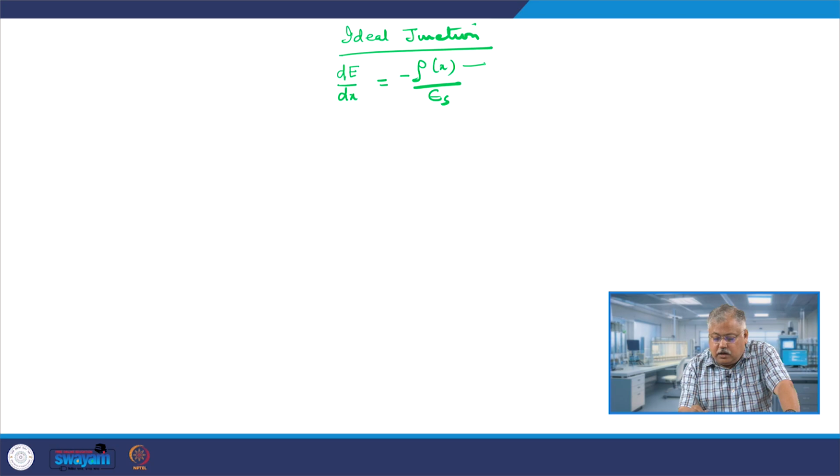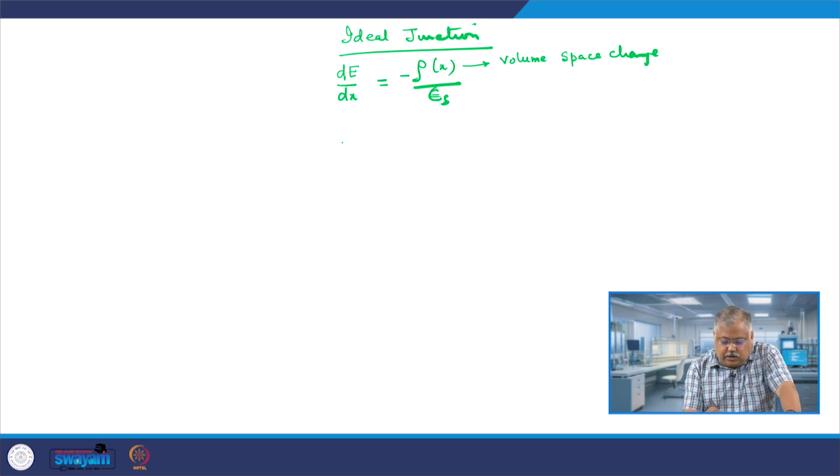This rho is basically a volume density of space charge, per unit volume, divided by epsilon s, which you get here as dE/dx.